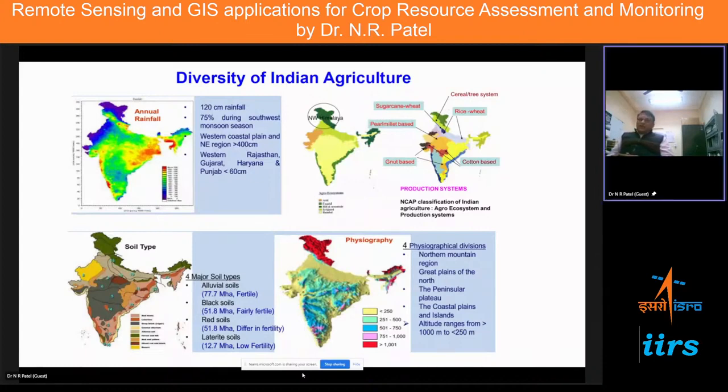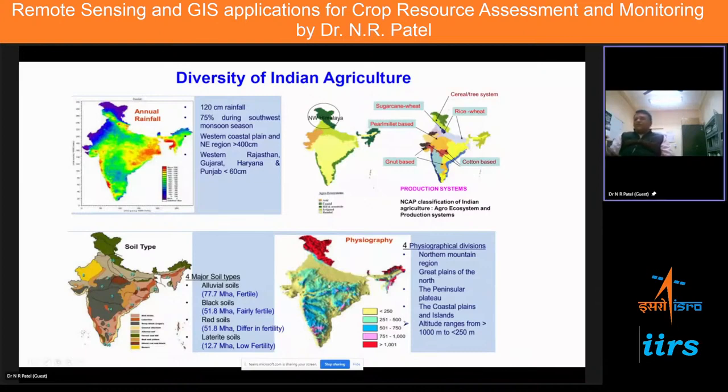Many types of soil you will find, mainly in the Indo-Gangetic plain, that is, nearby whole Uttar Pradesh, Bihar, Bengal, Rajasthan, Punjab, Haryana. Those are mainly alluvial plain, loamy sand, good soil. But in the peninsula, you will find lateritic red soil.